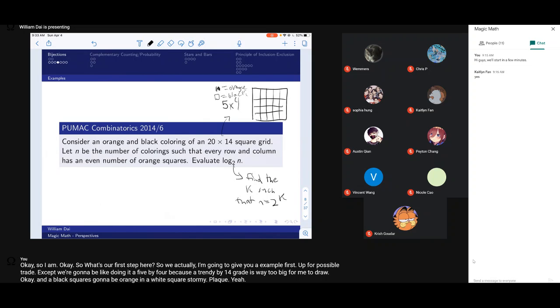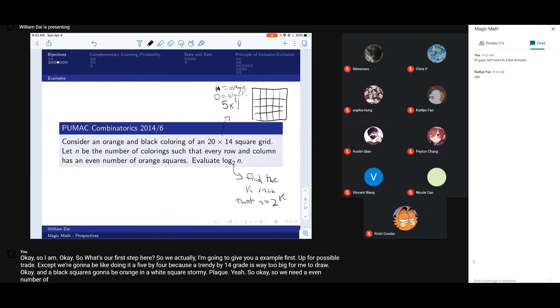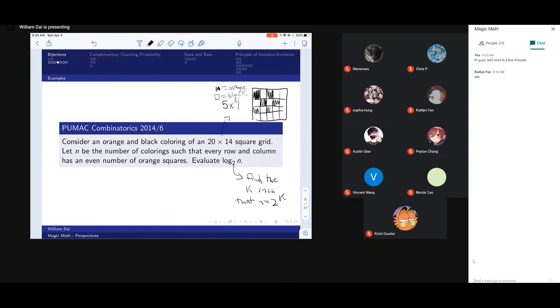So we need an even number of orange squares in each row and column. And here's a possible grid. There's an even number of orange squares in each row and column.